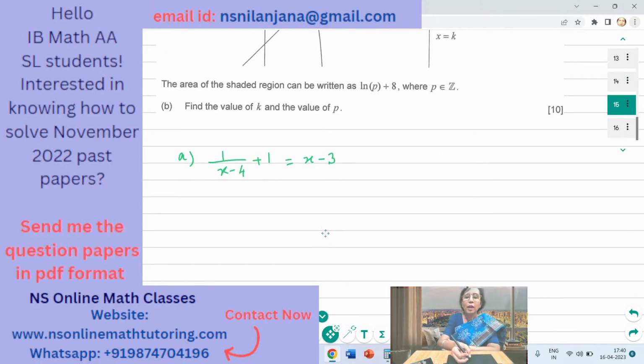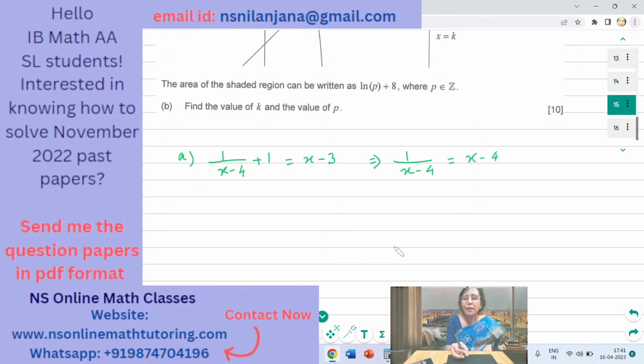So let me first of all subtract 1 from both the sides. We get 1 over x minus 4 equal to x minus 4. Okay?